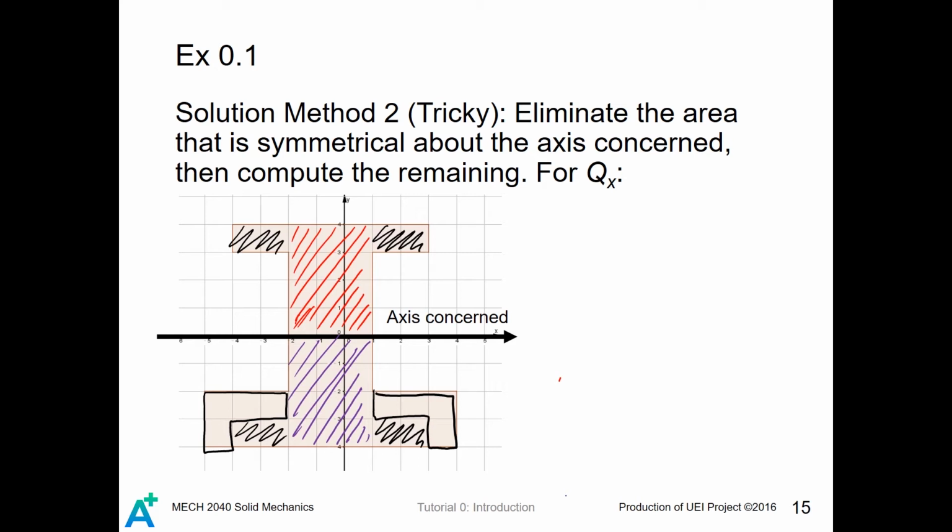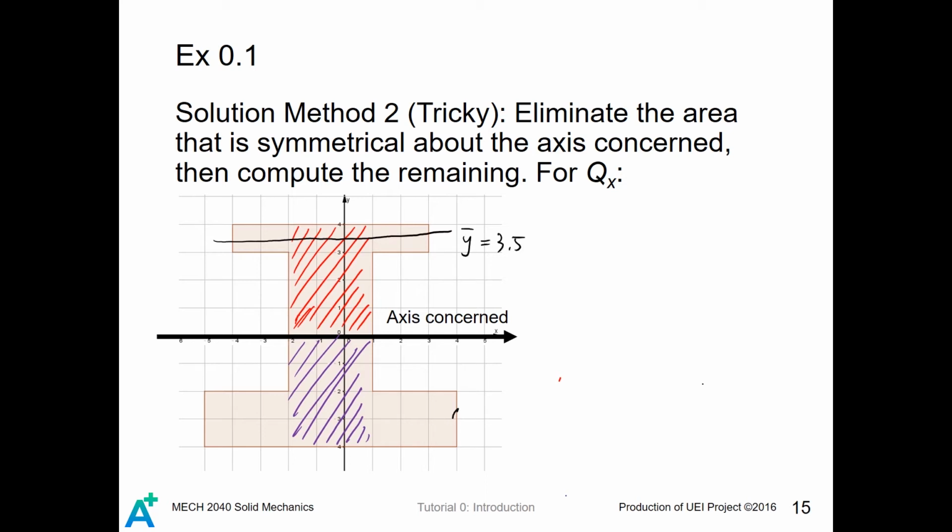Instead, let's not delete those regions, and now we know that we have 4 blocks remaining here with the average of y equal to 3.5. Also, we have 12 blocks located here with the average of y equal to -3.